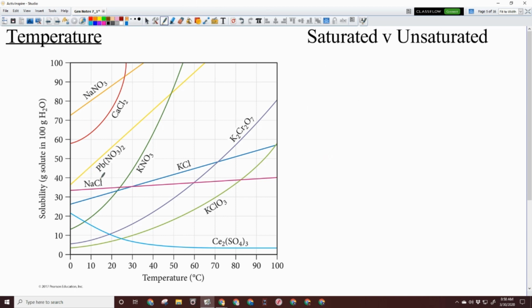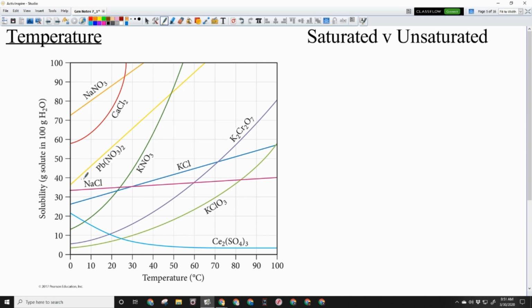Let's take salt, for example. So at 0 degrees Celsius, almost freezing, about 31 grams of salt can be dissolved in 100 grams of water. Now look, as we increase the temperature, this line ever so slightly starts going up. So there's not very much difference between 0 degrees and boiling, which is 100 degrees.